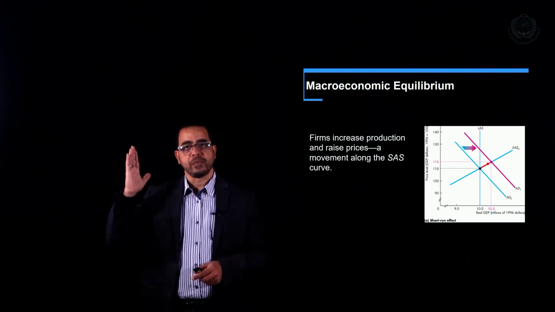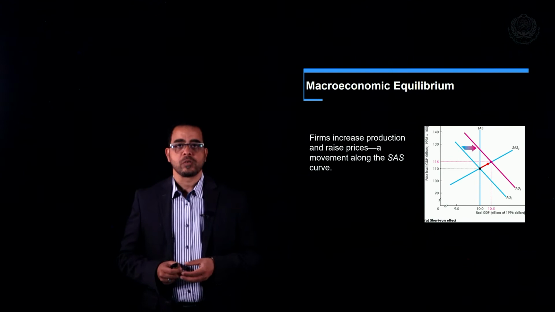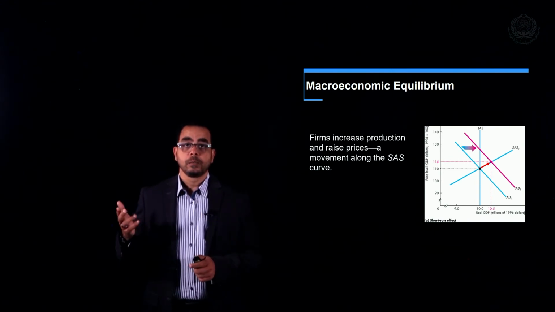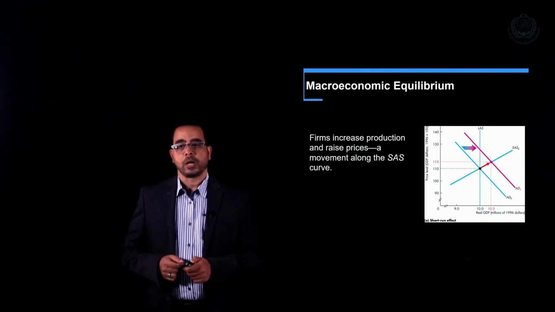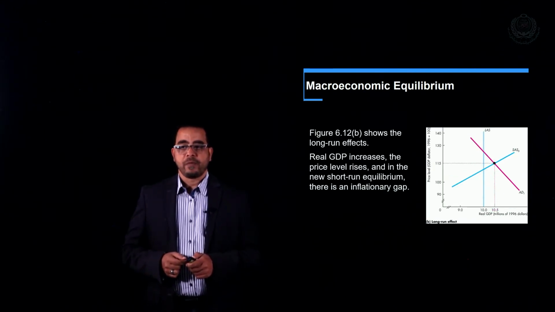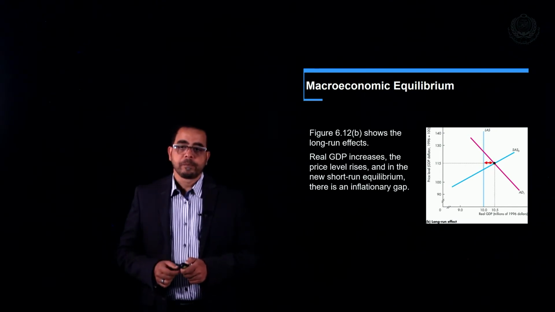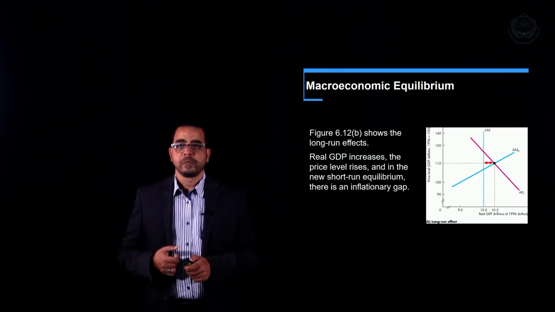Why? Price levels have gone up, so more producers are encouraged to start their own companies, and this will increase production. So we have a higher price level and a higher production. However, real GDP would increase at a higher price, and we have an inflationary gap.